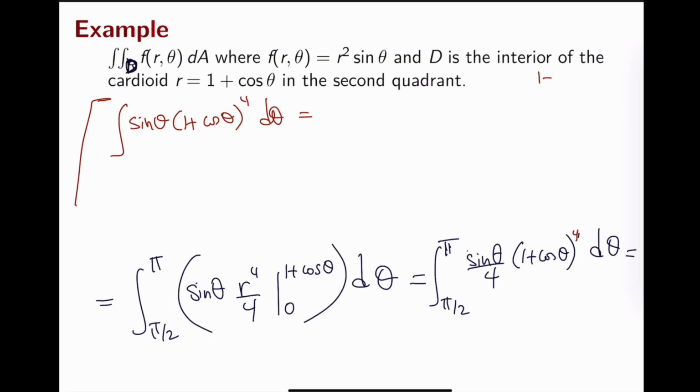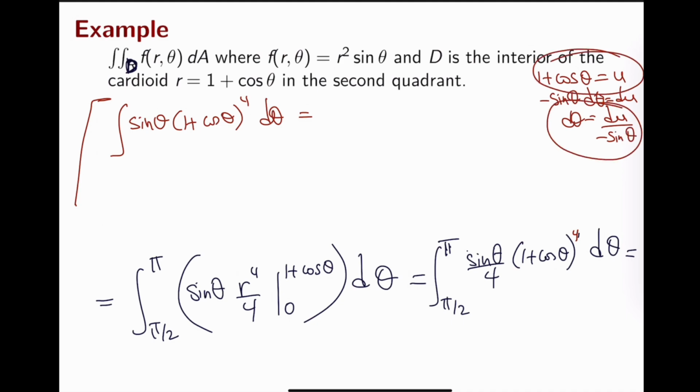The change of variable will be 1 plus cosine theta equal u, and then the derivative of this change is minus sine theta d theta equal du, and so d theta equal du over minus sine theta.